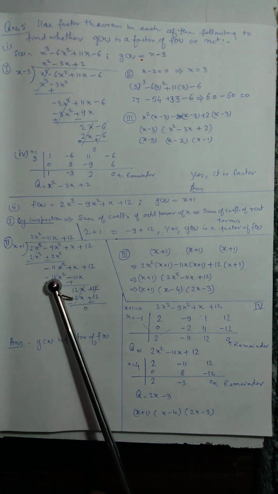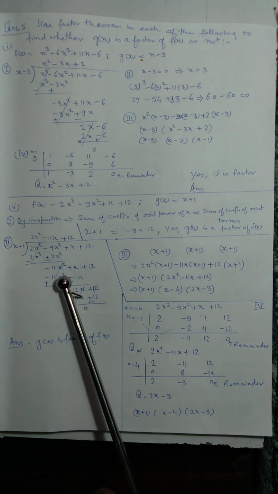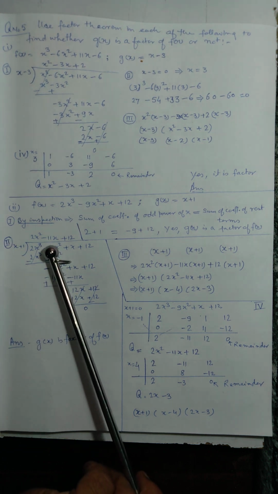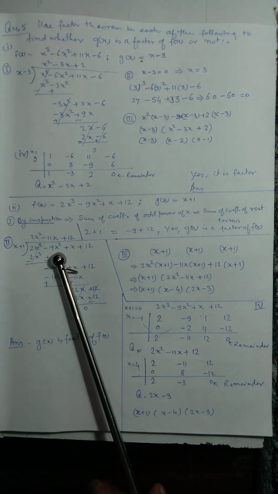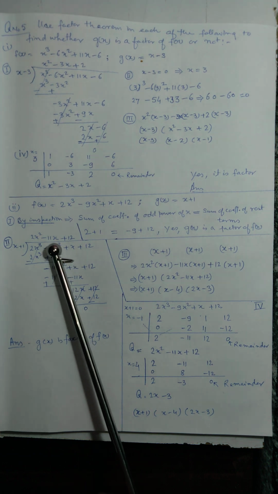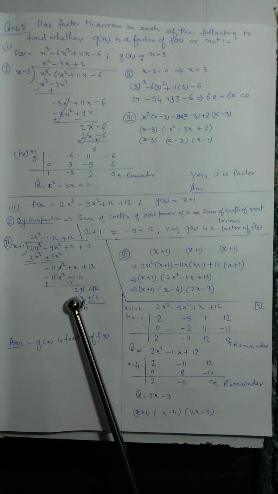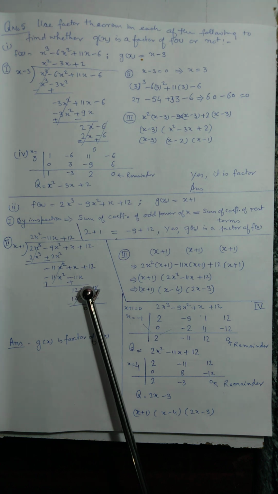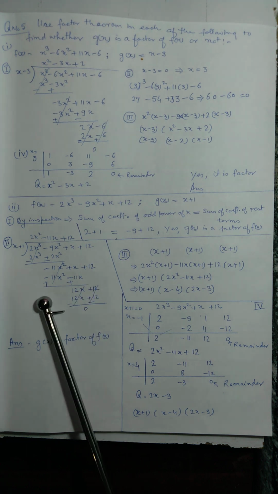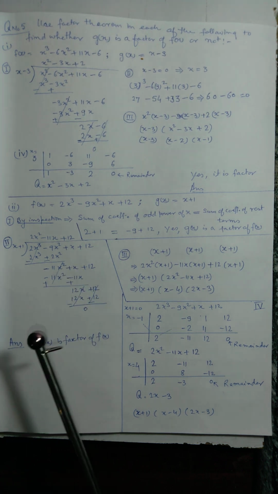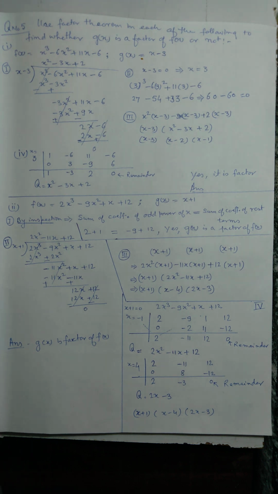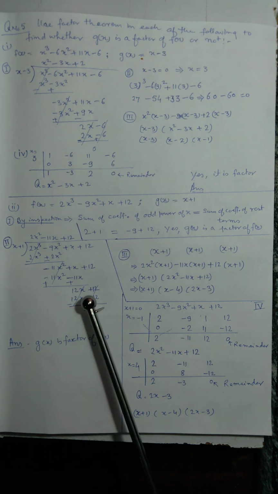Now, in order to get minus 11x square, you take the quotient minus 11x. Here, minus 11x will be multiplied by x plus 1. You will get minus 11x square minus 11x. Now change the sign and subtract it.